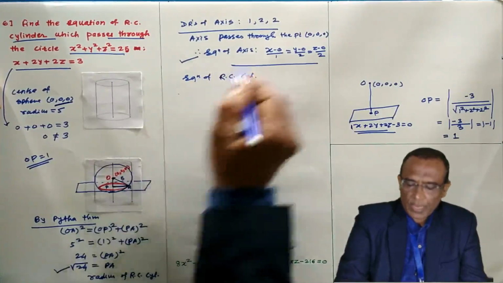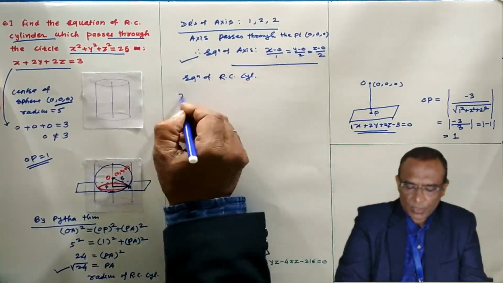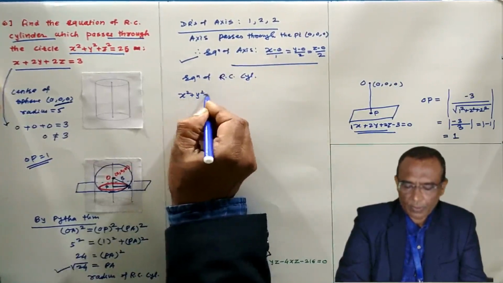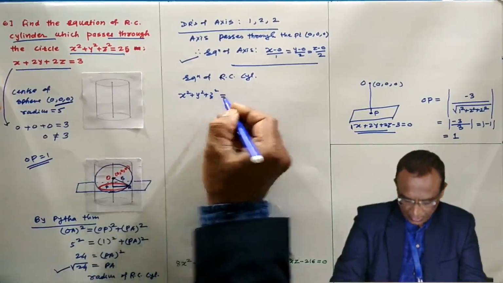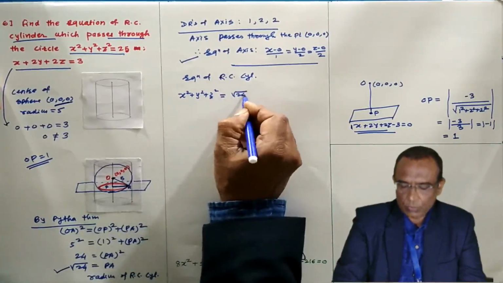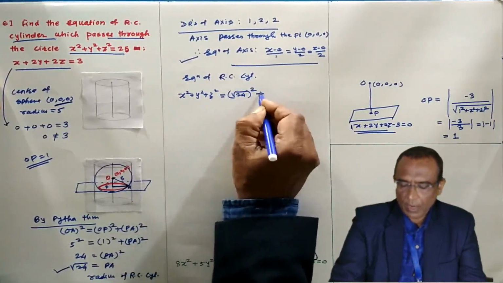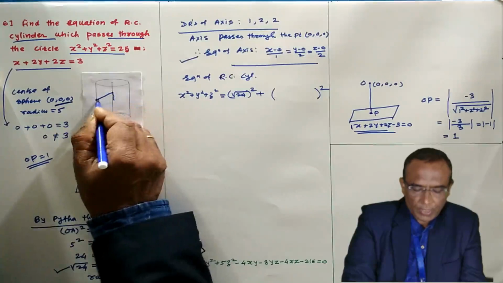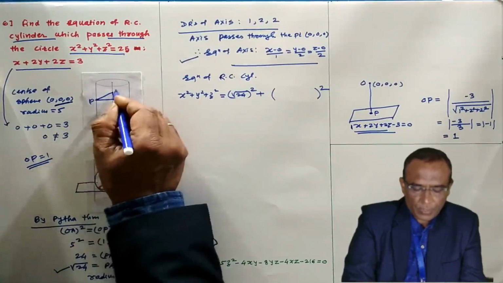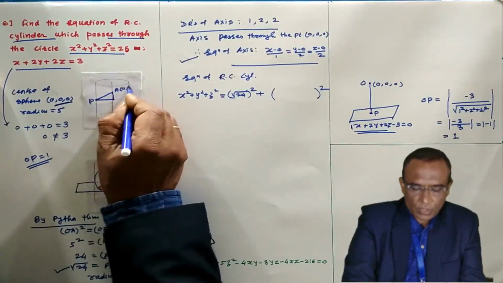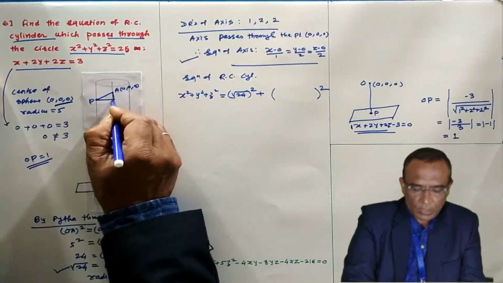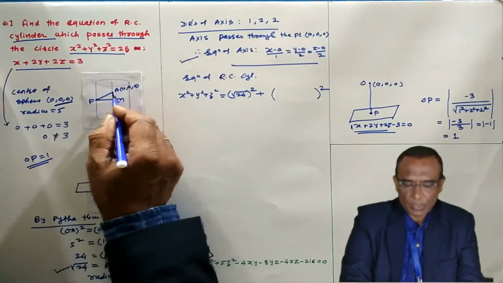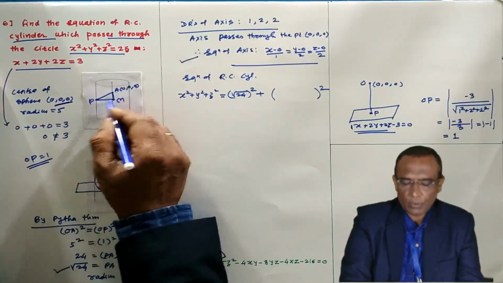What is it? x square plus y square plus z square is equal to radius square. The radius is the root of 24, and P is any point. In this way we get P, this is A, this is 0, 0, 0, and this is M, and AM square. AM is the projection of A on the axis.